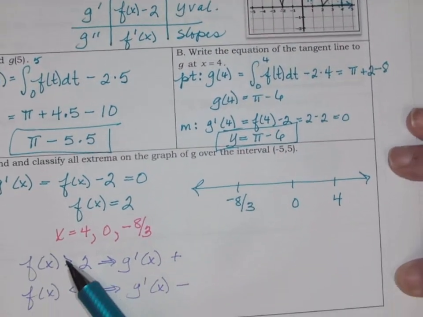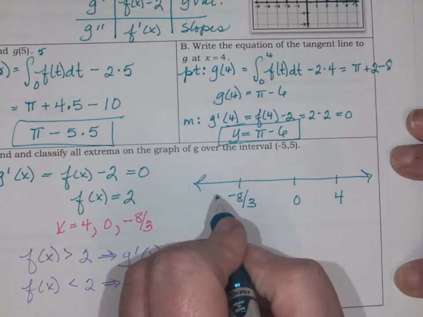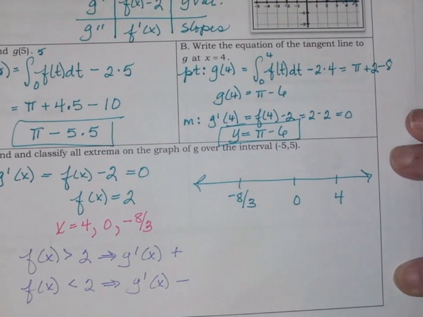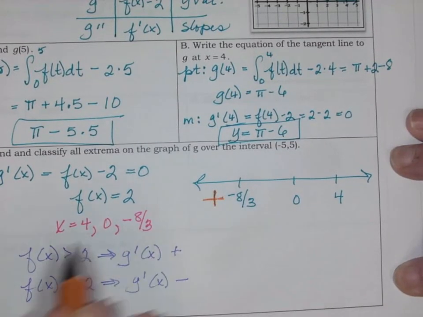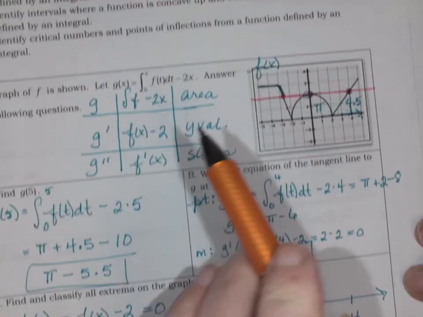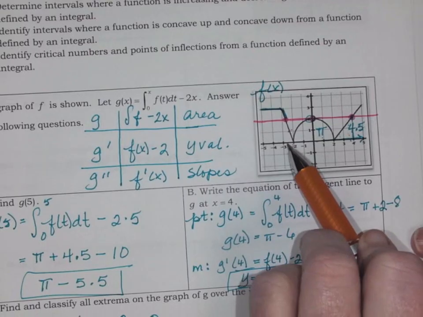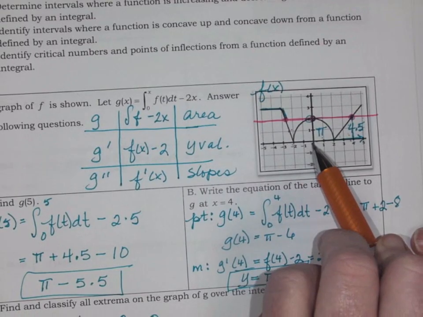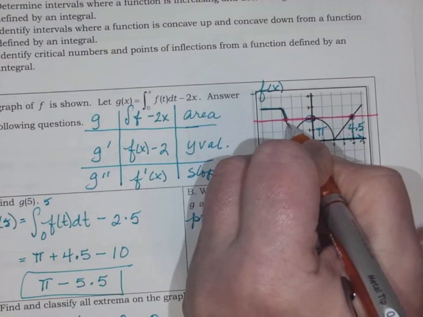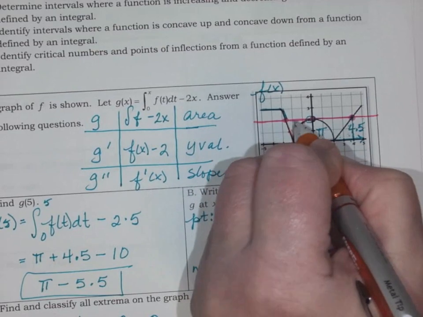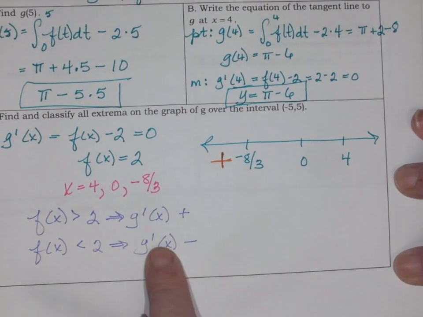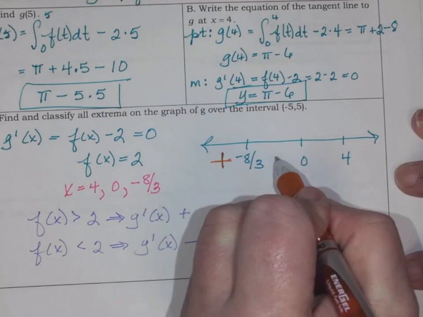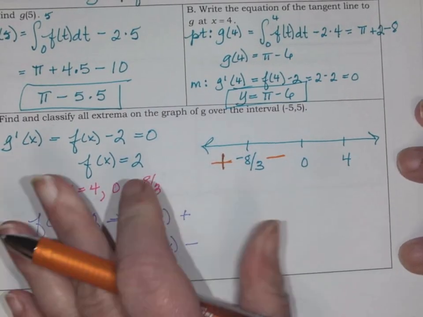We said that when f was greater, g' was positive. So I am going to put a positive symbol in here. Okay, so then between -8/3 and 0, it looks like f is right here, so it's below our 2 line. So when f(x) is less than 2, we have g' is negative. So we're going to put a negative sign.